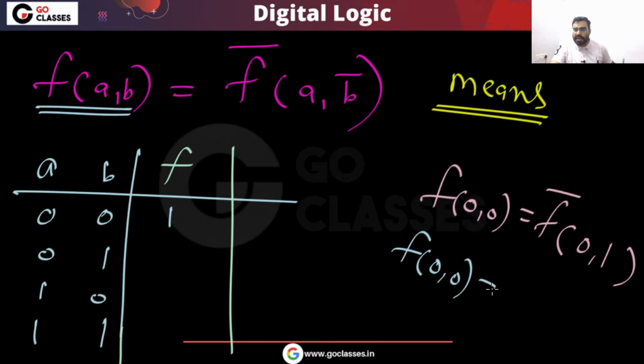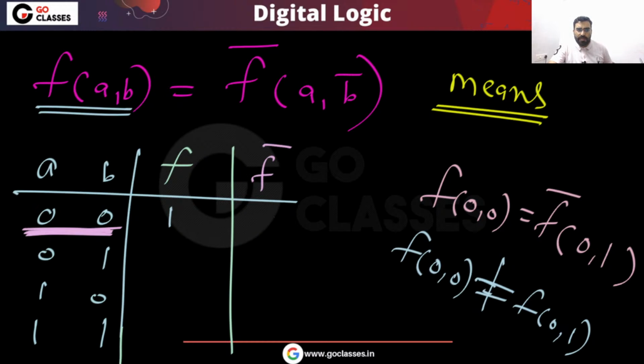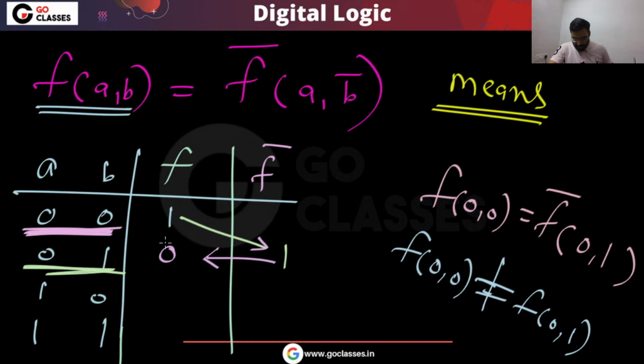And this I can write as f(0,0) should be different from f(0,1), because f(0,0) should be the same as f complement (0,1). So this and this should be the same, then it automatically means this will be 0. This implies this. Yes or no? Is this clear?